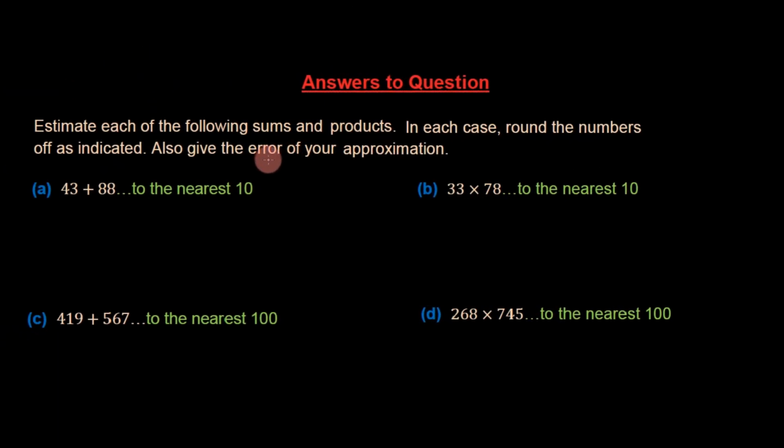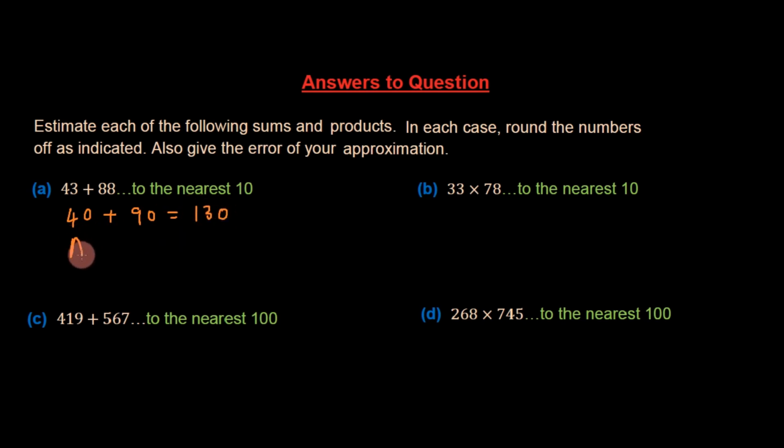Let's look at your answers to this question. In A, we have 43 plus 88. We have to round to the nearest 10. So 43 we can round down to 40. 88 we can round up to 90. And 40 plus 90 is 130.